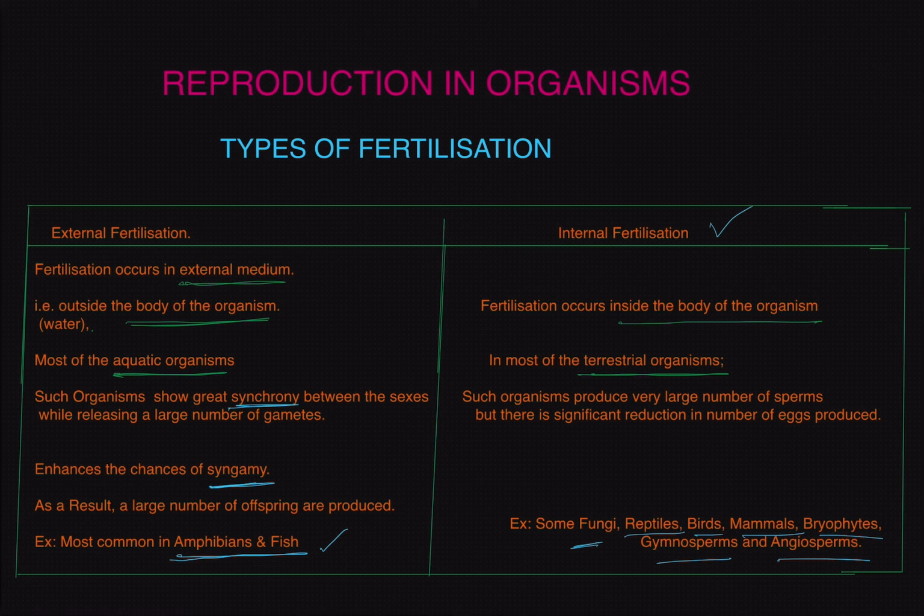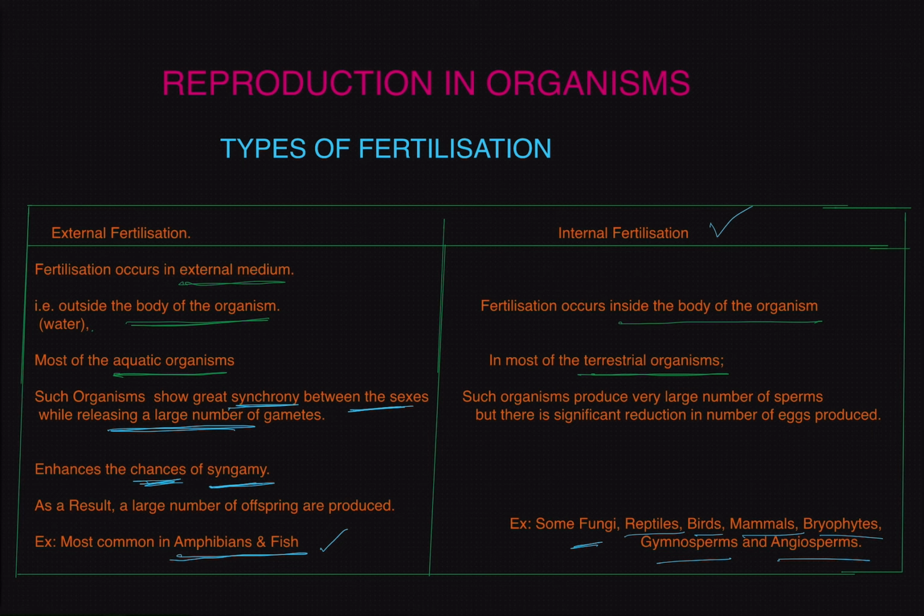Great synchrony between the sexes means the male and female should reach sexual maturity at the same time, and they should release the gametes at the same time in large numbers to enhance the chances of fertilization, right?